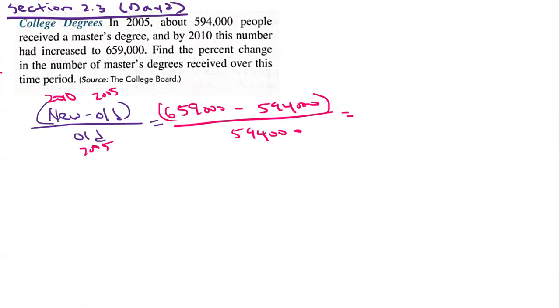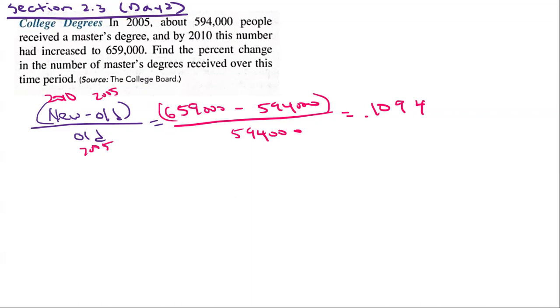Okay, so when we do that, what do we get here? And then round it to 4 numbers after the decimal. When we put this in the calculator, we get 0.1094.